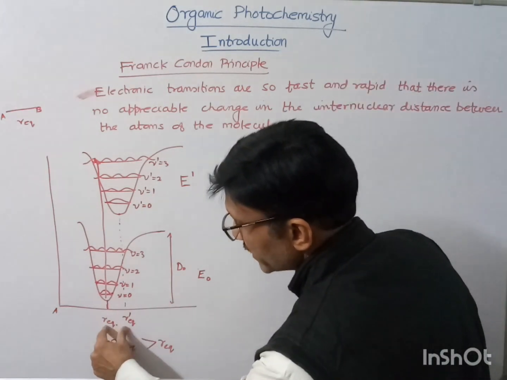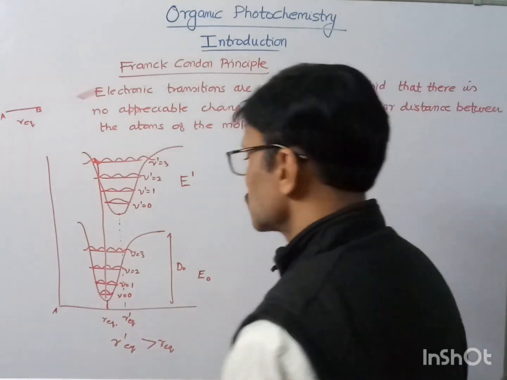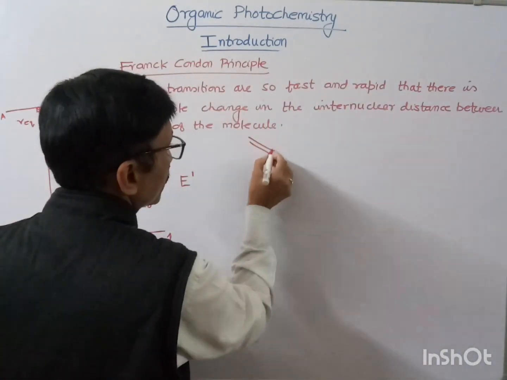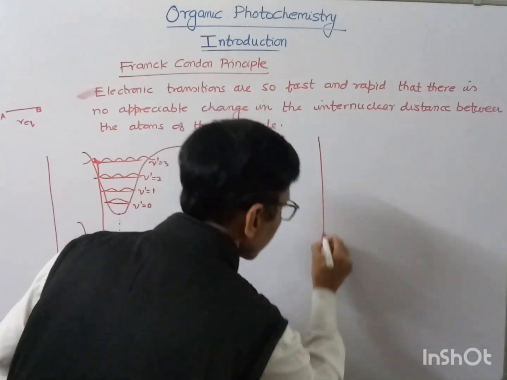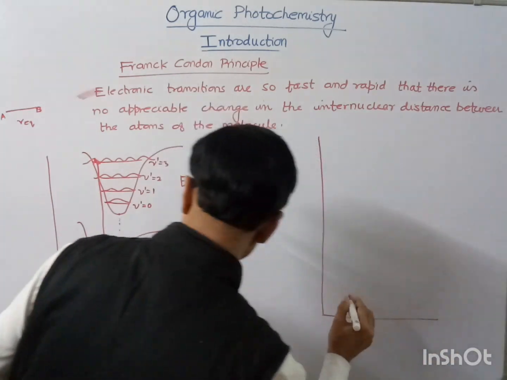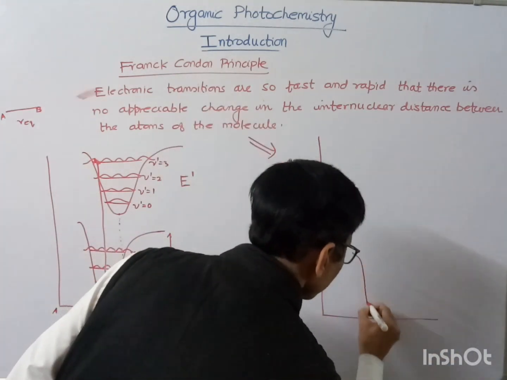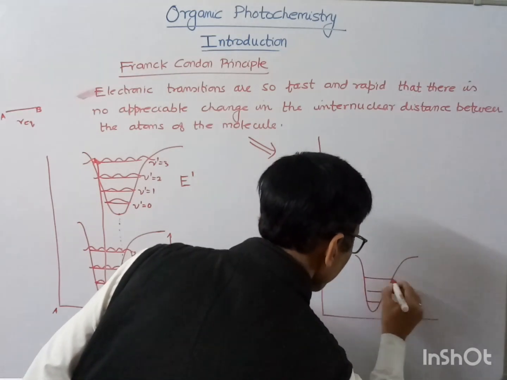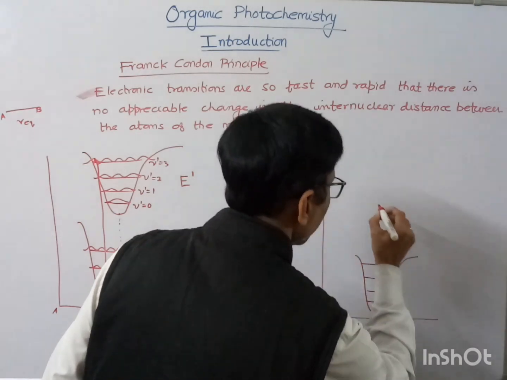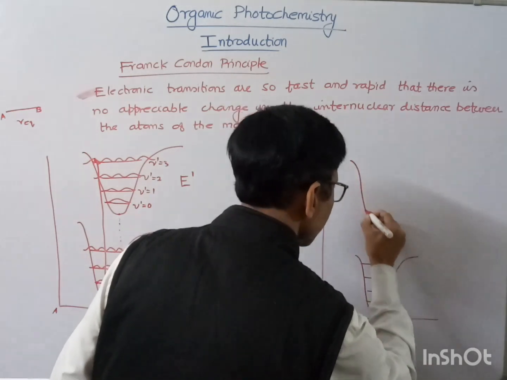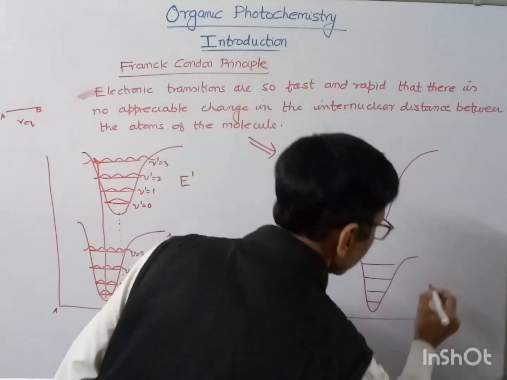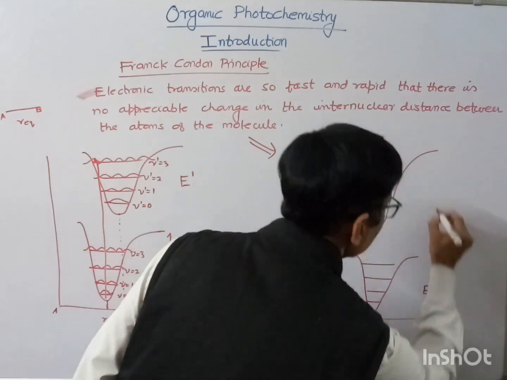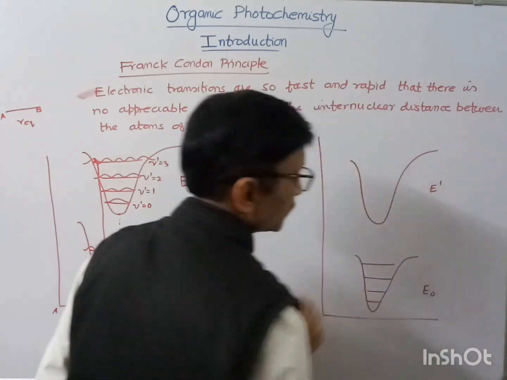So what kind of figure may we expect? The figure would be something like this. This is the ground state, and this will be the excited electronic state. So this is E naught, this is E dash.